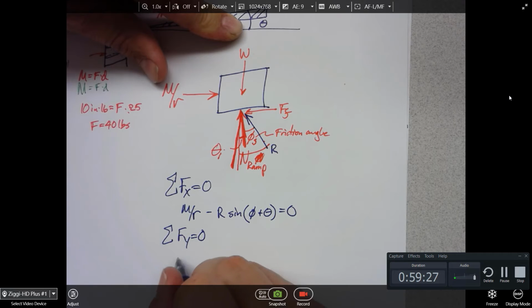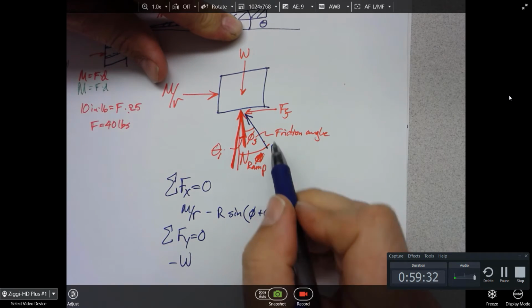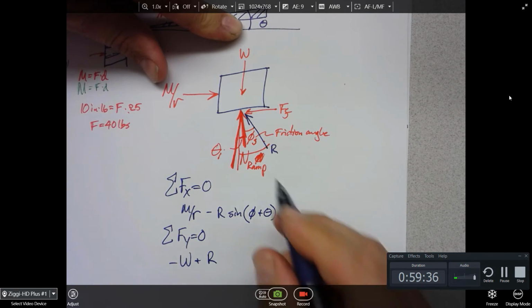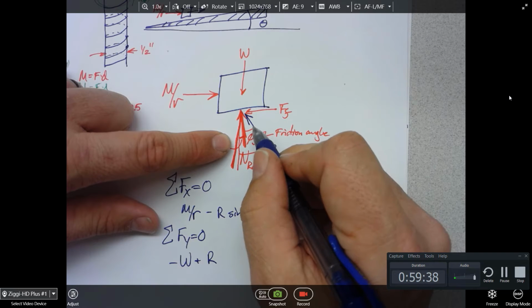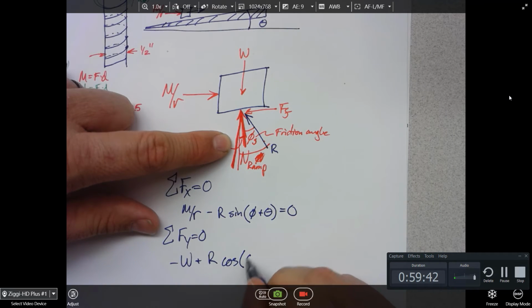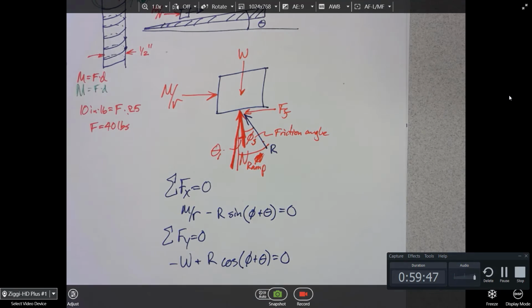Then let's sum the forces in the y direction and set that equal to 0. In the y direction, I'm going to have the weight, negative, plus R times the cosine of phi plus theta equals 0.